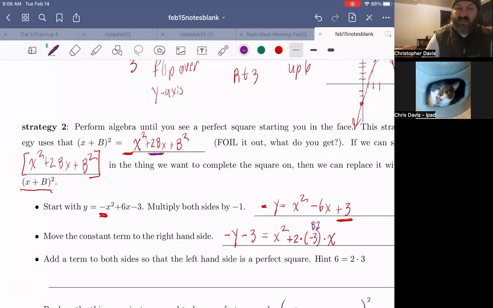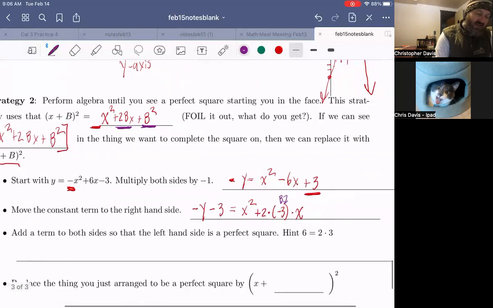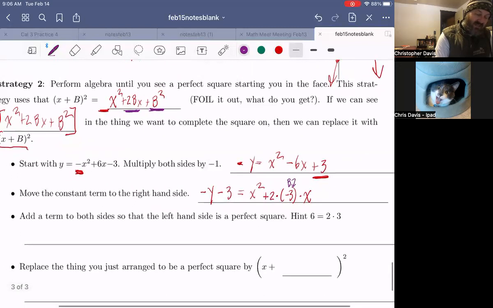But I can't just have that be -3, can I? I don't have a b squared. So I want a b squared to show up. So let's add the right thing to both sides to get that b squared to show up. And maybe the better hint right here is -3 squared equals 9. So it looks like I need to add 9 to both sides.